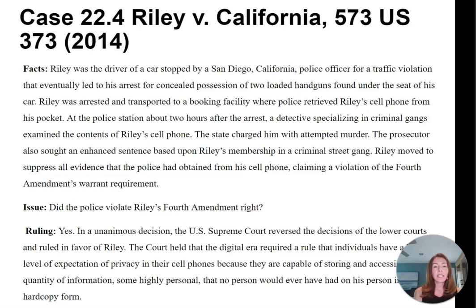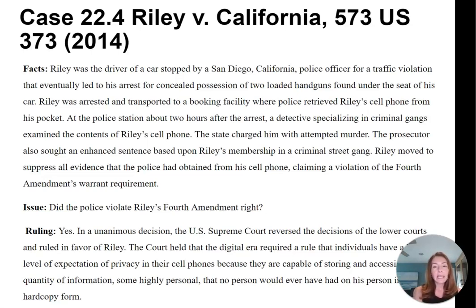And in this particular case, Riley was stopped for a traffic violation, and it eventually led to his arrest. There were 2 loaded handguns that were found under the seat of his car. So at the police station, they were examining Riley's cell phone, and the state charged him with attempted murder based on what they found on the cell phone.